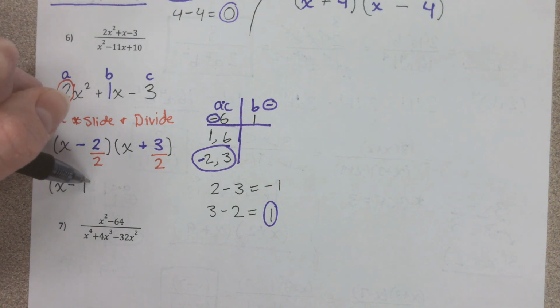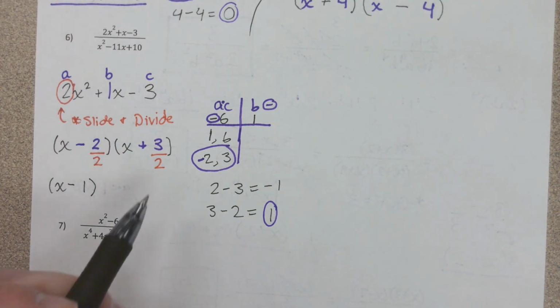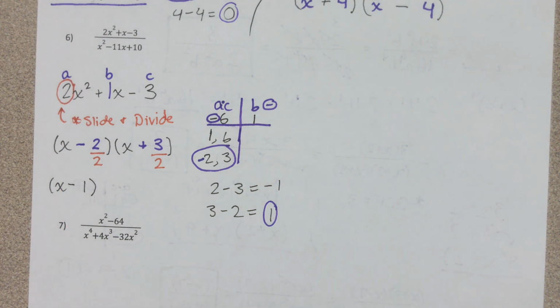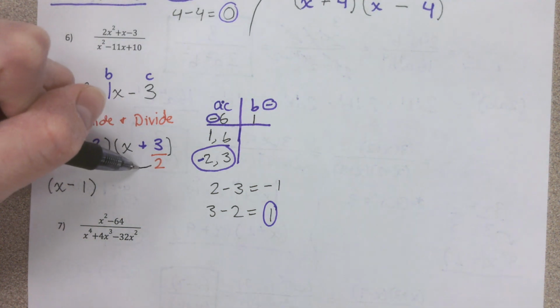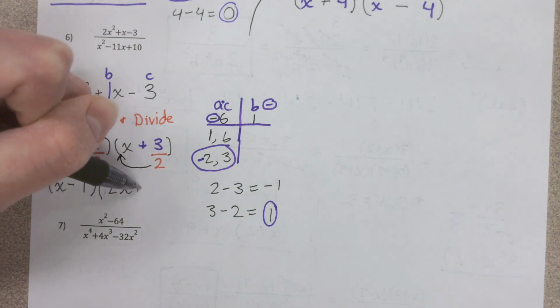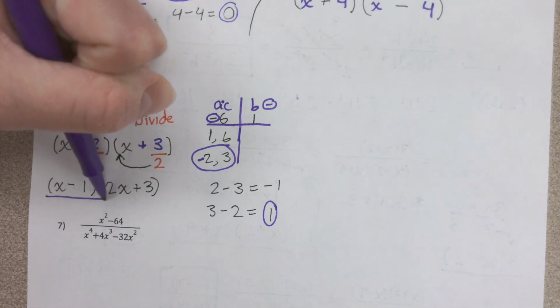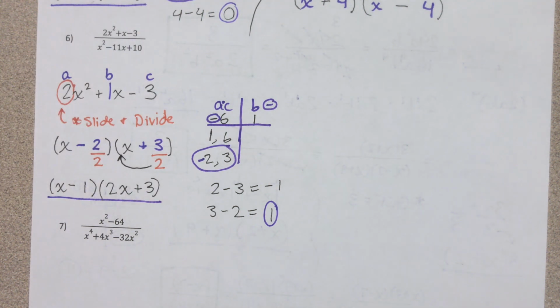X minus 1. 2 divided by 2 is 1. 3 divided by 2 is not nice. It's a decimal, 1.5. So I'm going to slide that 2 in front of this x, and now we have 2x plus 3. That is how the top of the fraction factors.